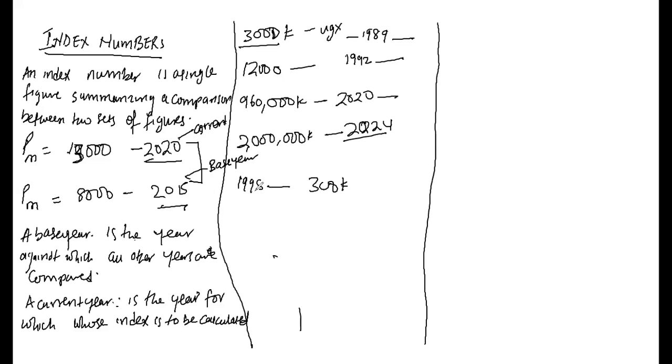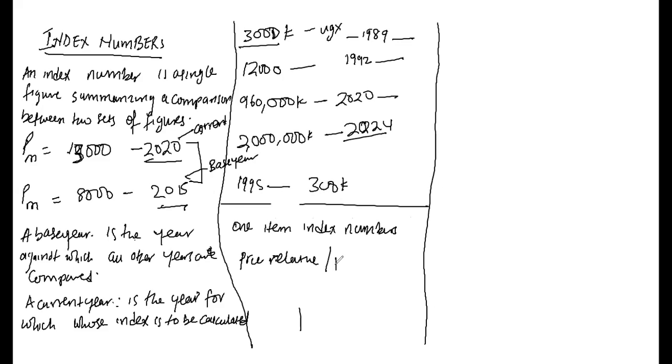Now, let's go to what we need to see in terms of calculations. Index numbers. We shall start with one item, for example, a Rolex only, or meat only. We need to get what we call the price relative, or sometimes it's called the price index of a commodity.